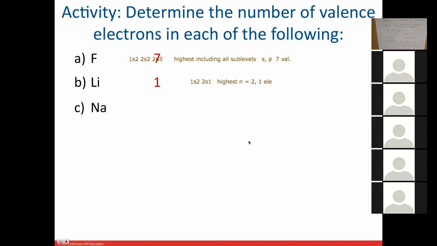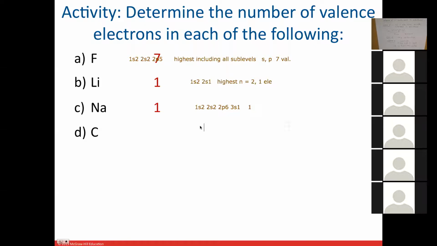How about sodium? Sodium is 1s2, 2s2, 2p6, 3s1. So 1 electron. Let's go back to mouse. Click. Carbon.